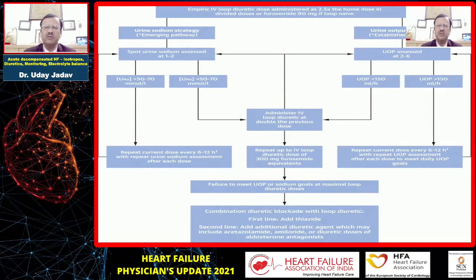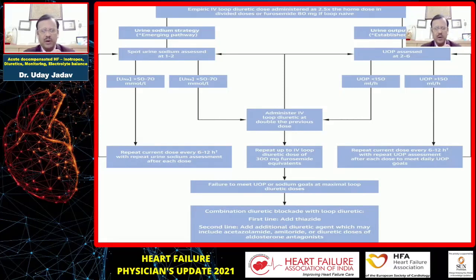If it's less than 150 ml per hour, then one should administer IV loop diuretics at twice the dose and then increase the dose as required, and look whether the goal of urine output has been maintained.